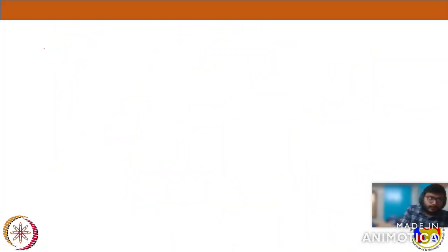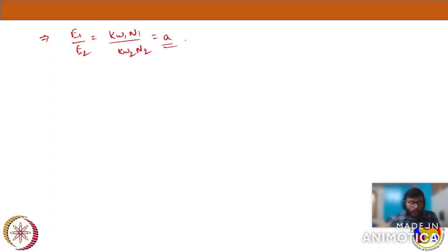And also, if you take E1 by E2, it is nothing but kW1 N1 by kW2 N2. The rest of the factors are the same. You call this the turns ratio, or effective turns ratio, simply because all the other factors except kW2 N2 and kW1 N1 are the same, so they cancel out, and we get this kind of relation.